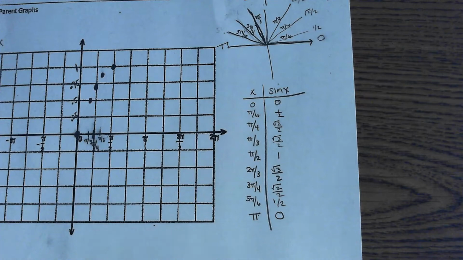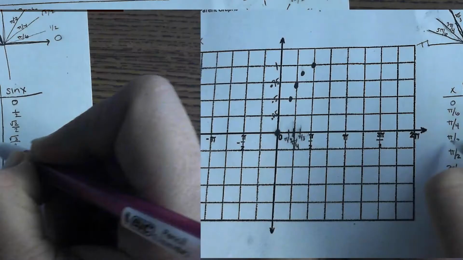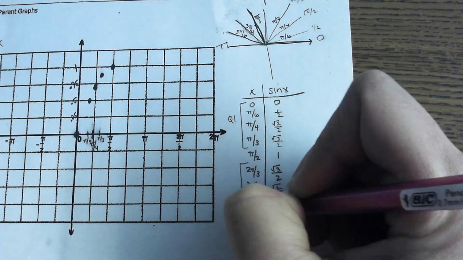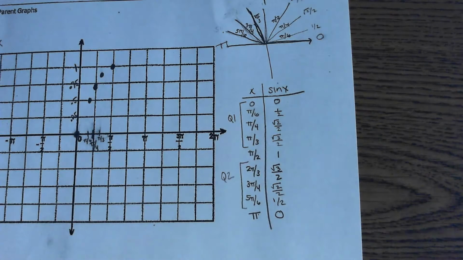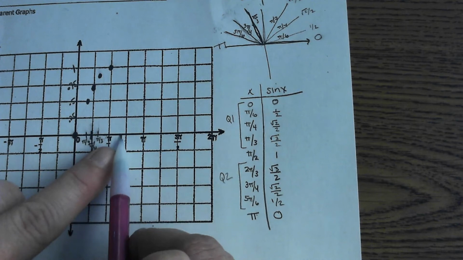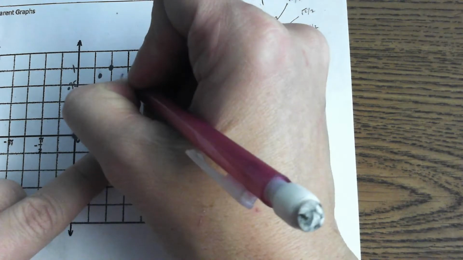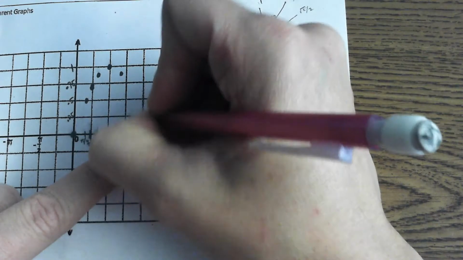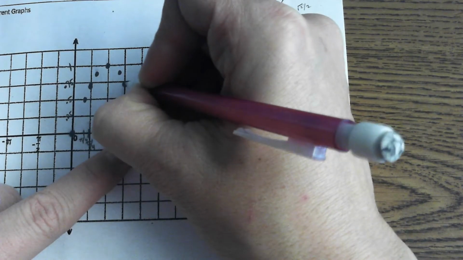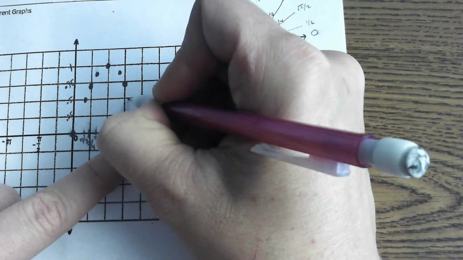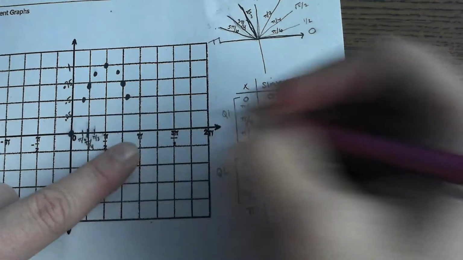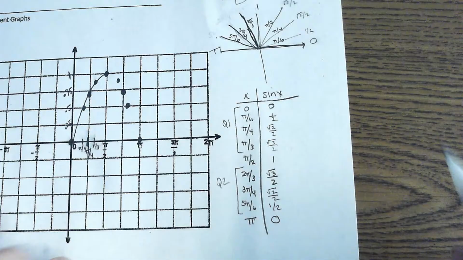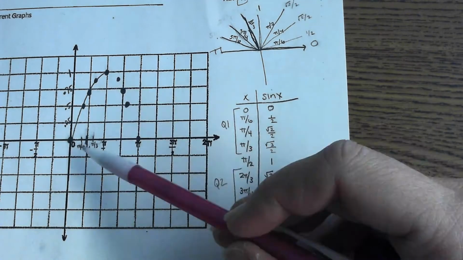So when you plot the next quadrant's points, here's Q1, here's Q2: 2 pi over 3, root 3 over 2, 3 pi over 4, root 2 over 2, 5 pi over 6, a half, and then pi, 0. So that first stretch is Q1.